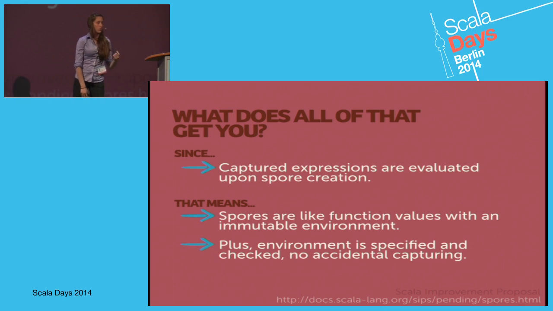So they're not going to do anything tricky over time, and you can depend on them always being whatever they were when they were created, which is often what we assume is the case and is not really. And then you also get this environment being specified and checked, so you don't accidentally capture things. Unless you really want to capture Wikipedia, then you just write, okay, capture all of Wikipedia and send it over the wire.